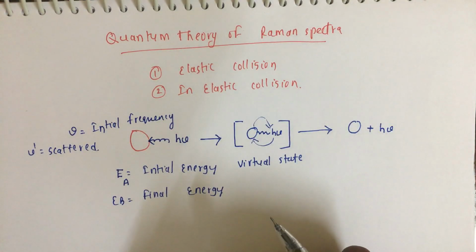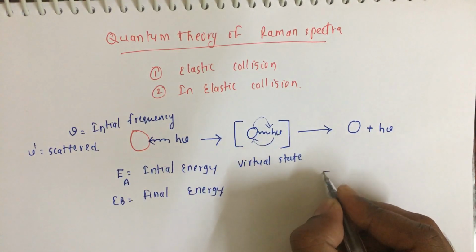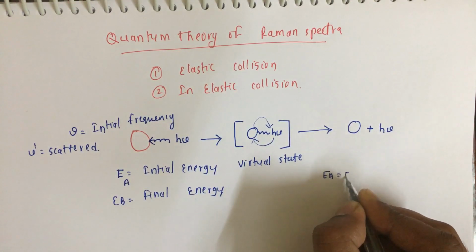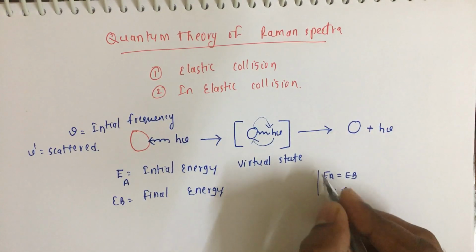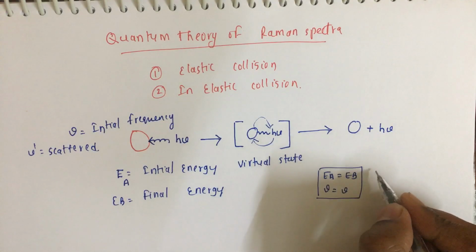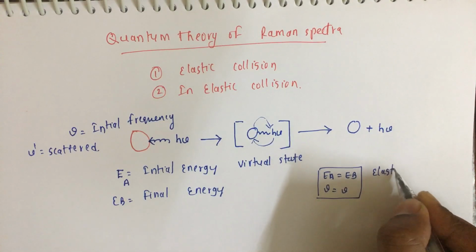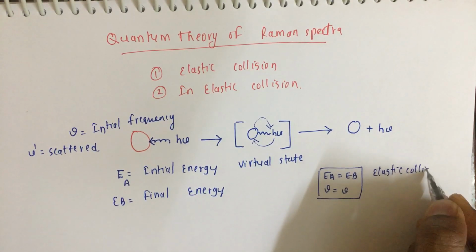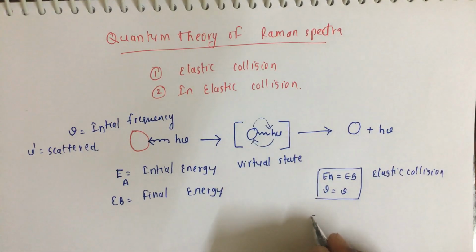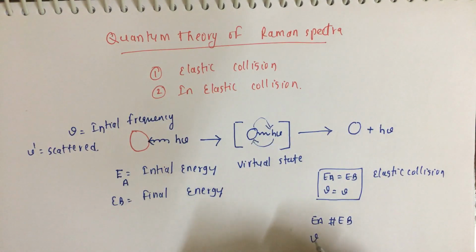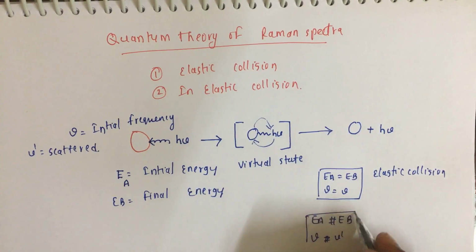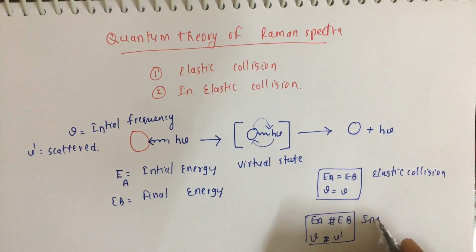If the initial energy and final energy are the same, and the initial frequency and final frequency are the same, this kind of collision is called an elastic collision. If initial energy is not equal to final energy, and similarly incident frequency is not equal to scattered frequency, this is called an inelastic collision.